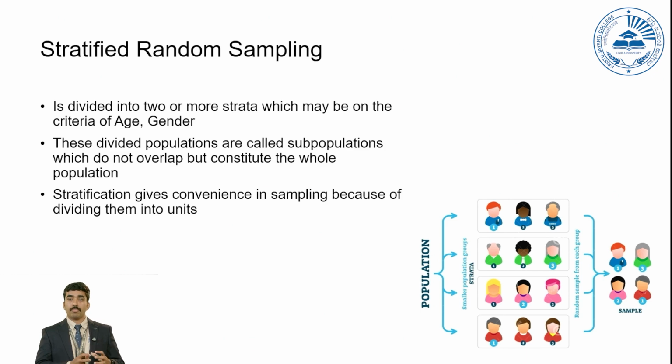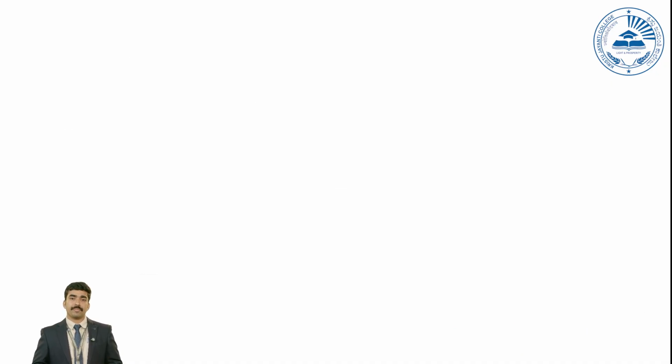All the members of your population under each group are homogeneous. Now think about a situation where you may not get homogeneous data. In a group, getting homogeneity may be difficult, or think about a bigger group where collecting data is a little difficult.